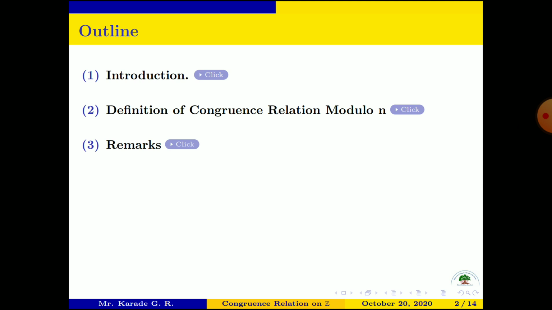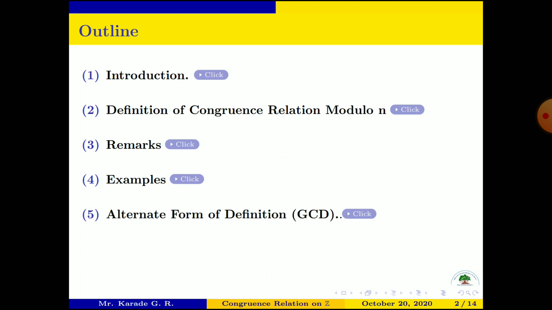Then we see some remarks. After that we see some examples on congruence relation, and then we see the alternate form of a definition of congruence relation, and then finally we see the theorems on congruence relation.